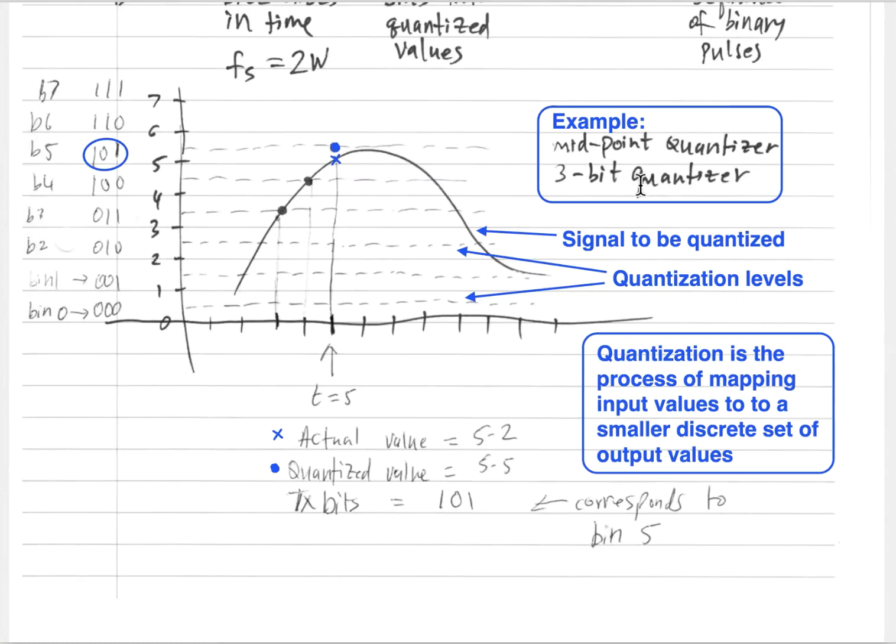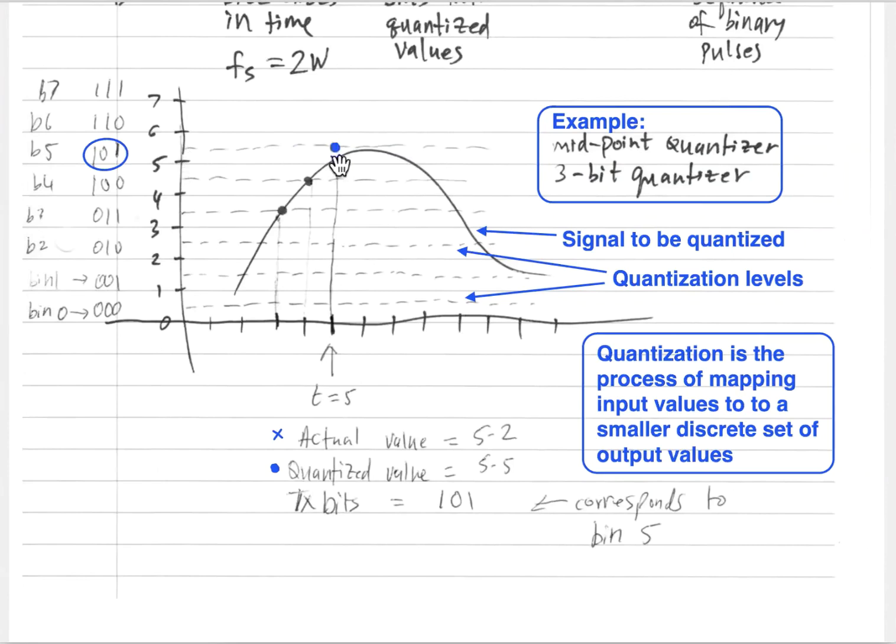In this example, I'm showing you a midpoint quantizer, so the quantized value is the midpoint of the bin. These dotted lines are the quantization levels. If I take time t equals 5, the actual value is represented by this x, and it's about 5.2, but it's in the bin between 5 and 6, and the quantized value for that bin is 5.5.